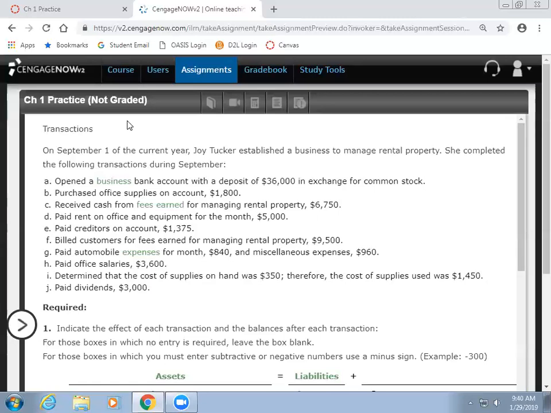As we go through, the easiest thing to look at when we're looking at transactions is to figure out what type of accounts they are and then whether they're increasing or decreasing. The first one, A, says opened a business bank account with a deposit of $36,000 in exchange for common stock. So she's starting her business, so she invests $36,000 of cash into the business. What two accounts are being affected here?